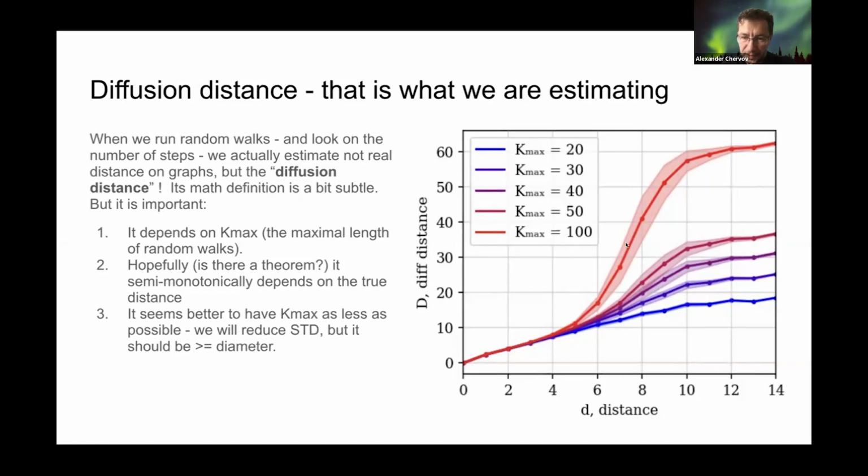But if we take it quite a bit larger, we have such a sharp growth somewhere in the middle. At the moment, we do not fully understand this choice of the optimal length of the random walk, and actually we do not fully understand this diffusion distance, and there is not much literature on it.